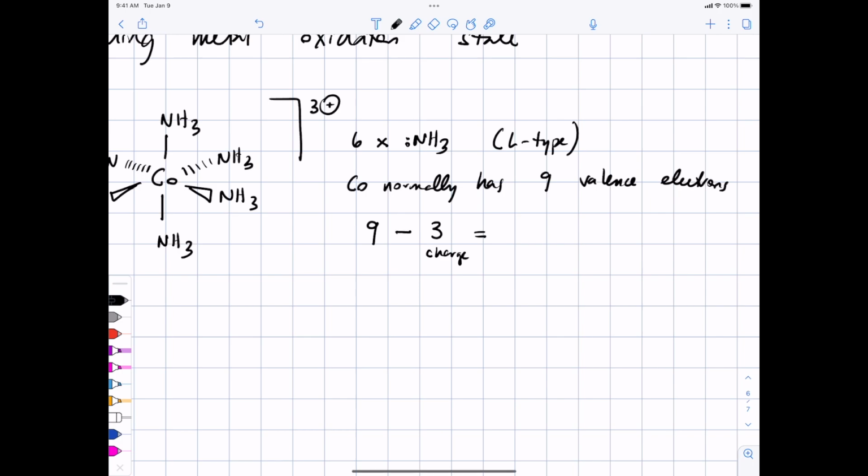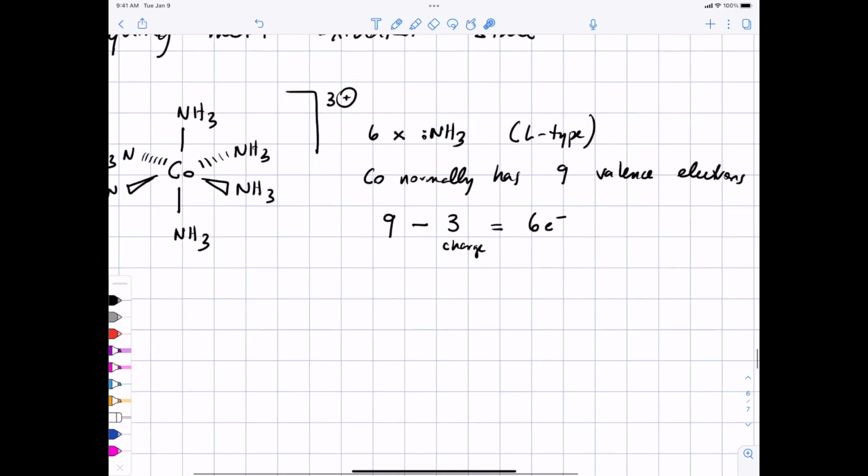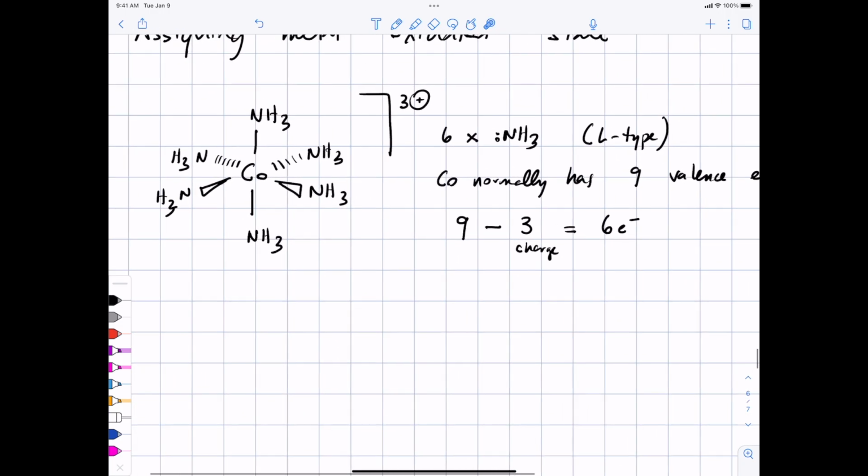So overall, cobalt has 6 valence electrons now. Okay, and we know that the charge on the complex is 3+. We take away all of the ligands, they leave neutral. The charge on cobalt is still 3+.